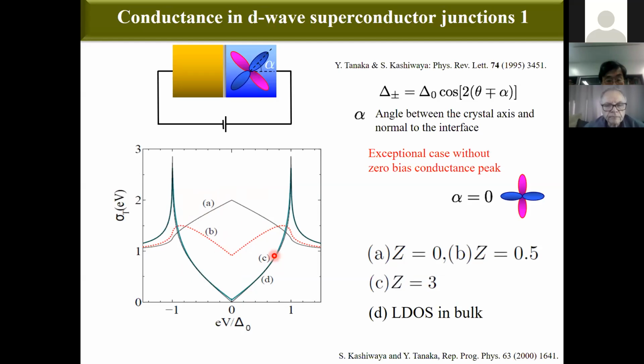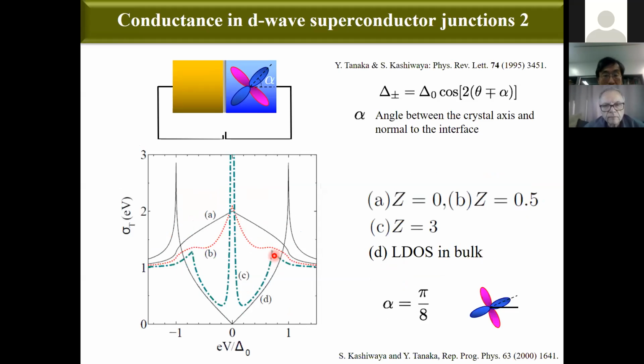Why? Because there is no sign change of the pair potential felt by a reflection process. I would like to explain later that this absence of a zero bias conductance peak is due to some kind of accidental topological cancellation.